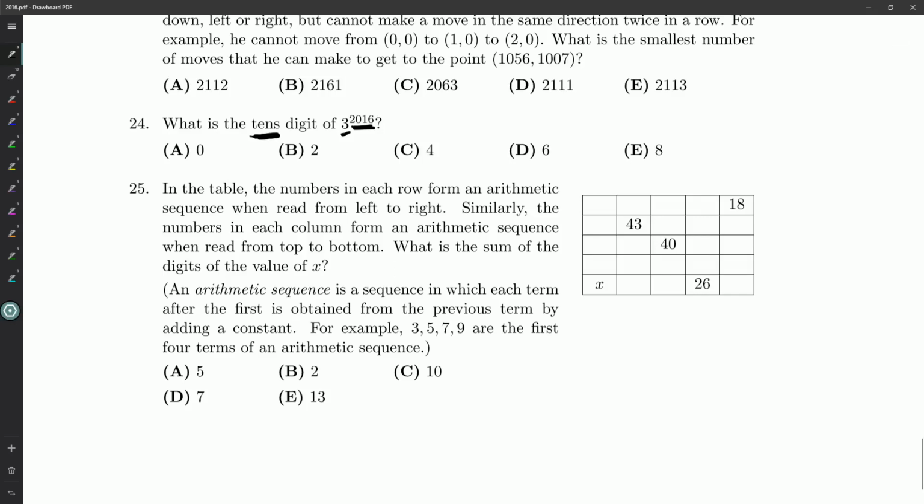Okay? Having seen a number of questions like this over the years, I know that there will be sort of a cycle and this will eventually repeat. And this all comes down to a broader topic of study that you may or may not be interested in looking into, called modular arithmetic.